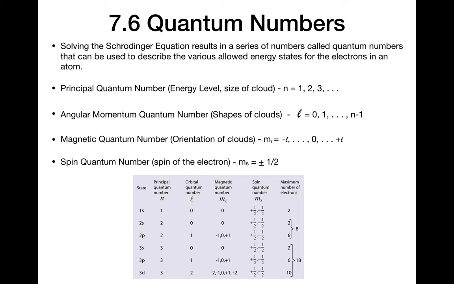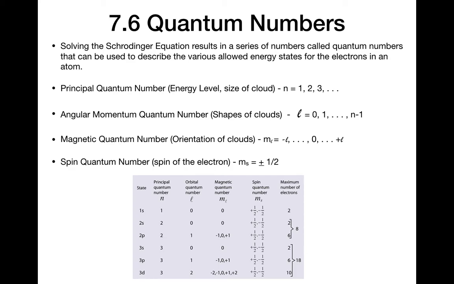The P sublevel, where L equals 1, can have orientations negative 1, 0, and 1, which correspond to the px, the py, and the pz, the 3 different orientations of the p orbitals. For the d orbitals, L equals 2, so you have negative 2, negative 1, 0, 1, and 2, which explains why there are 5 orbitals in the d sublevel. The f sublevel has 7: negative 3, negative 2, negative 1, 0, 1, 2, and 3.